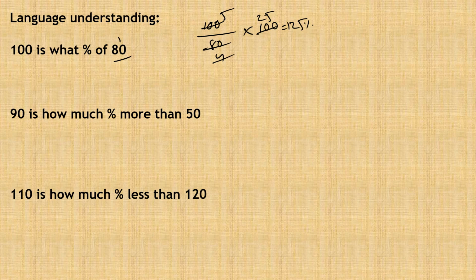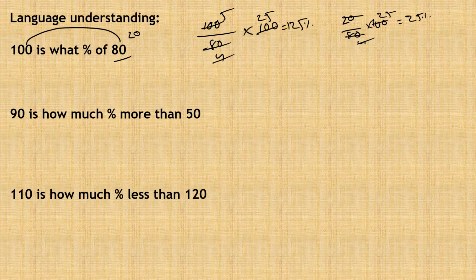We can ask one question here. 100 is what percent more than 80? That is 20 more than 80. 20 more than 80, in percentage form, 4 25s are, that's equal to 25%.